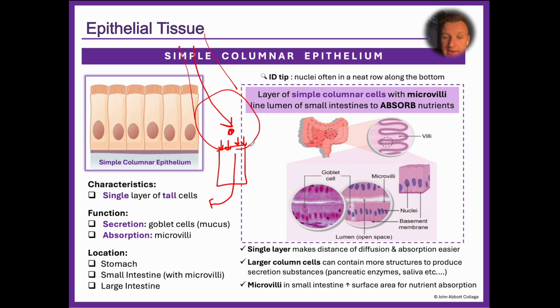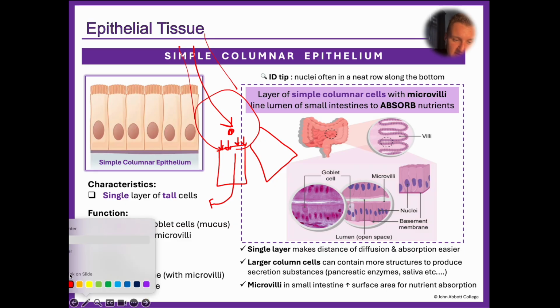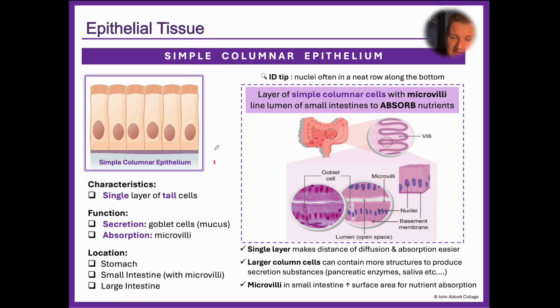If instead my cell looks like this, and here's now the lumen of my small intestine, food could be absorbed over here, over here, over here, and on and on and on, right?